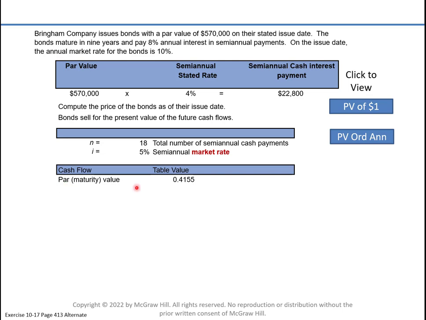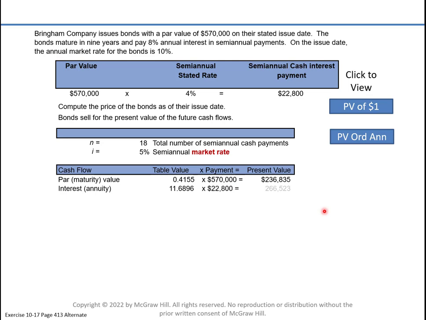I'll show you where these values come from in just a minute. Right now we're going to take the par value and look up the amount of 18 and 5% in the B1 table. Then we're going to multiply that out by the par value to get the present value. Then for interest, we're looking at the table B3, the present value of an annuity. Again, we'll look at row 18 and column 5%.